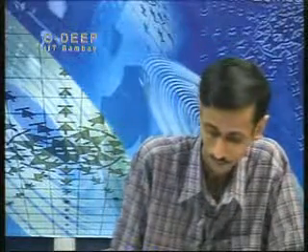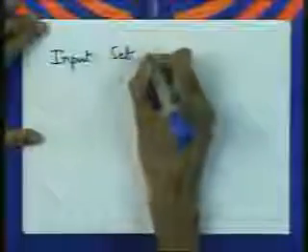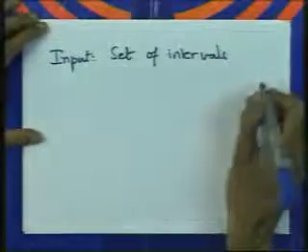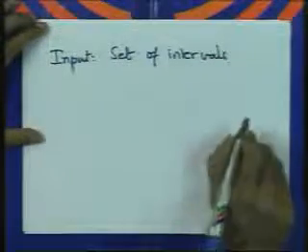So here is an abstract version of this problem. You are given a set of intervals. So the input is a set of intervals. You can take them as closed intervals if you want.